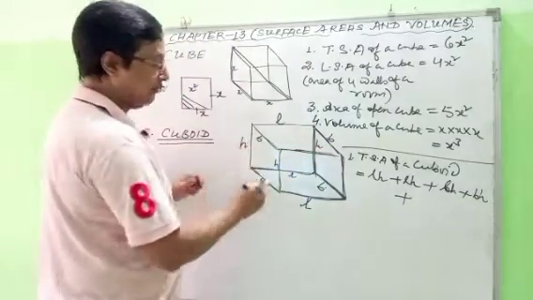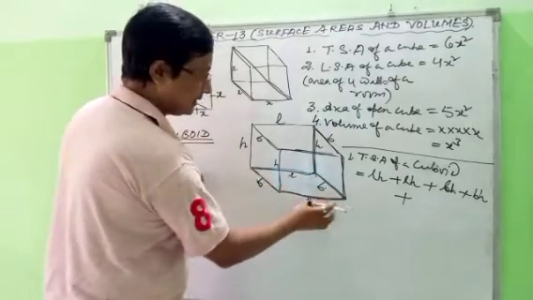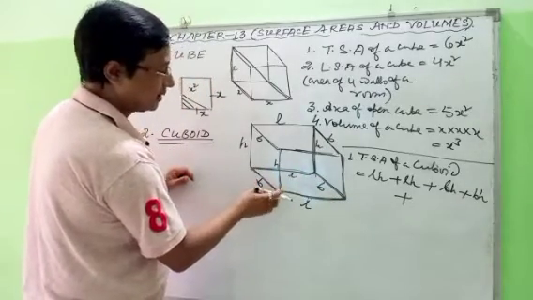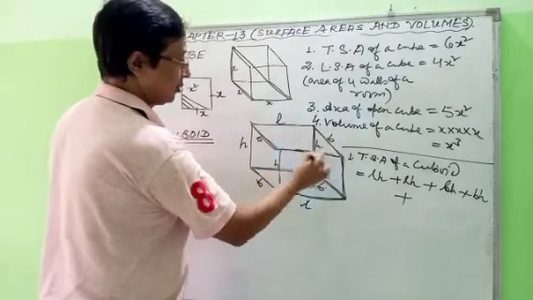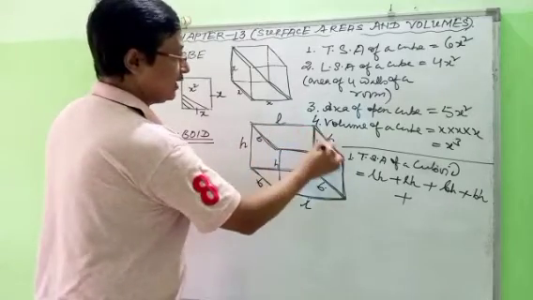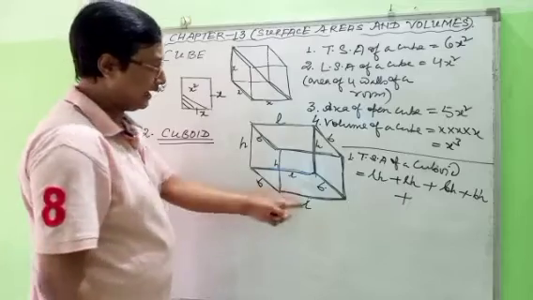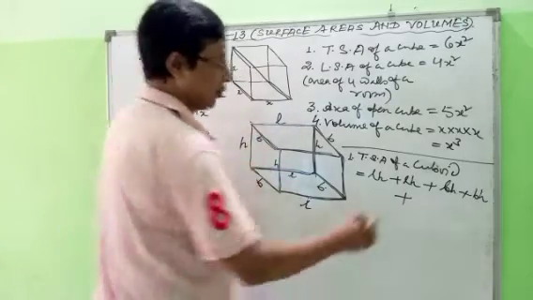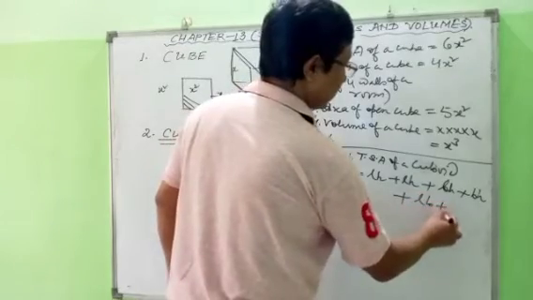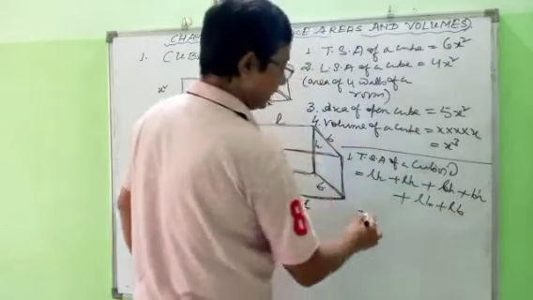That is why in this area you will take length and breadth. So the opposite is this surface. So this will be length into breadth. So length into breadth plus length into breadth, so LB plus LB. Now you add it.